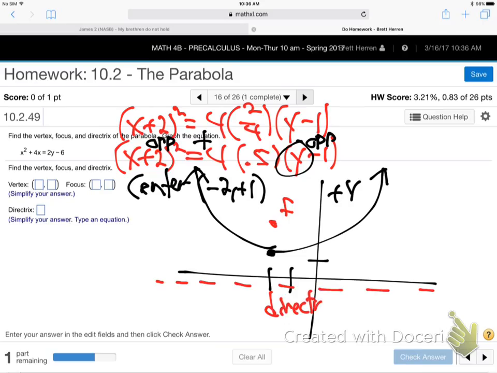I don't know how far back. I got to find a. What's a? Oh, a is 0.5. A is 0.5. So this adds 0.5, and this is going to subtract 0.5 from the y coordinate. So I'm going to take the minus 2, plus 1 center.